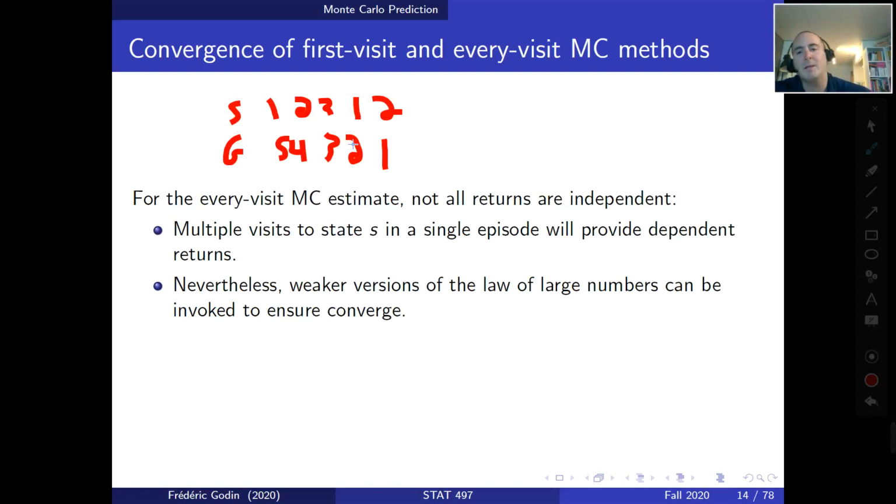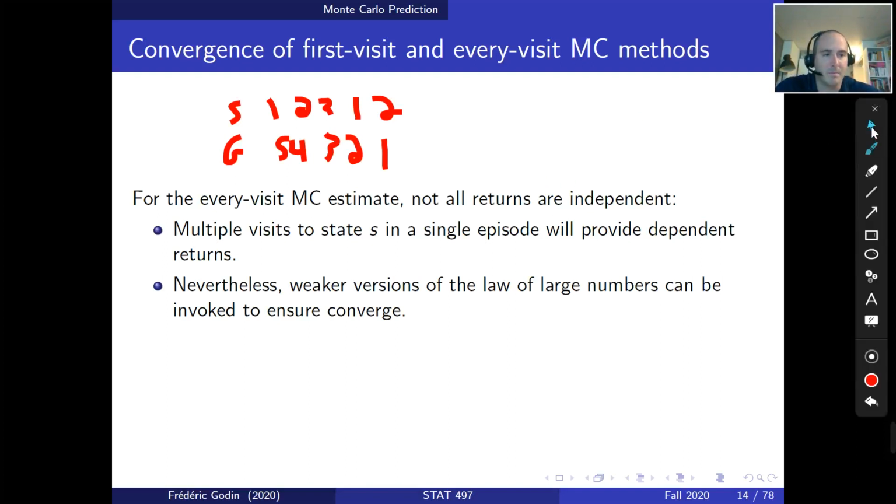Okay, so it can be shown that the every visit Monte Carlo estimate of the value of a state converges to the true value of that state when the number of episodes tends to infinity. Okay, sorry. So sometimes I say paths, but maybe I should say episodes. Okay, well, I used these two words interchangeably previously.